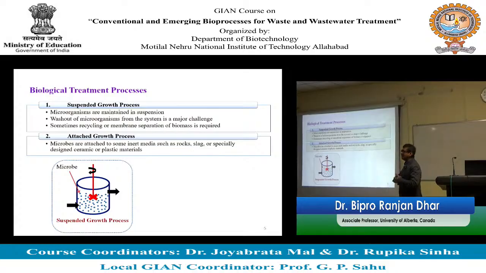But the problem is, if you want to provide enough time, we have to operate those bioreactors at a very long residence time. Then what happens? Yes, we can do that, but then we need a bigger system, which increases our cost.